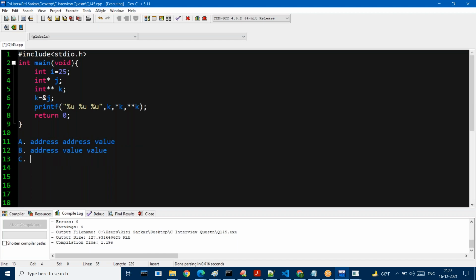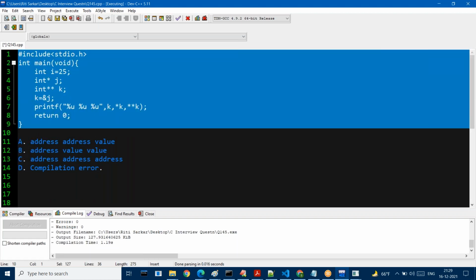C, address. D, compilation error. Now syntactically I have not made any mistake, so no question of compilation error, right? Let's see what we are going to get.